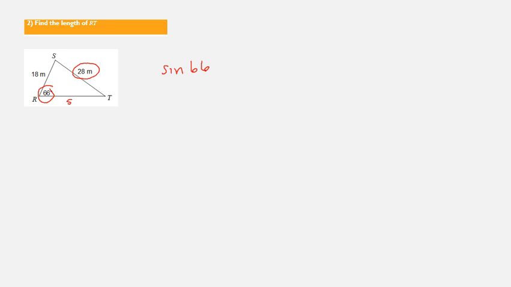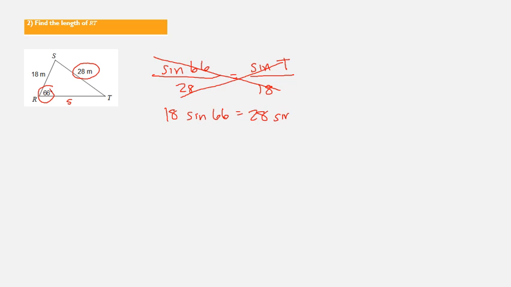Sine of 66 over 28 equals sine of t over 18, right? So cross multiply. 18 sine 66 equals 28 sine of t. Divide off the 28, and then the t is stuck inside the sine, so we're going to have to do the sine inverse of what we get here, right?